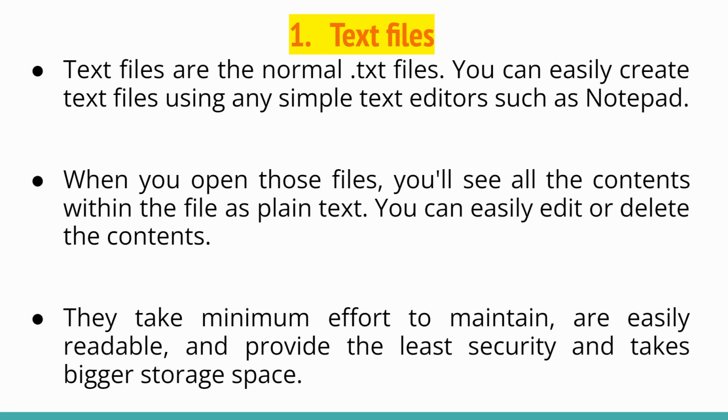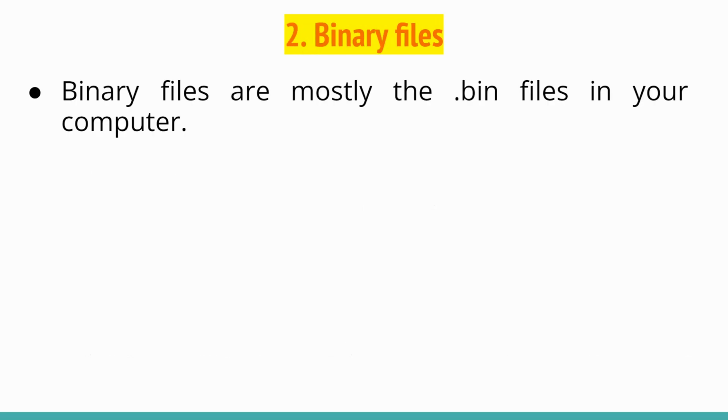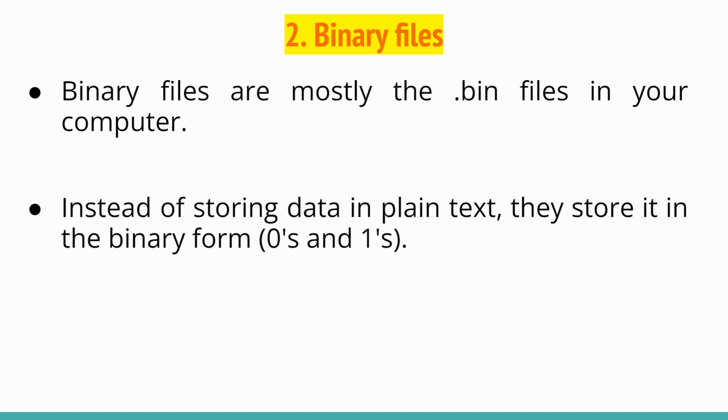Coming to the second type of files, binary files. Binary files are usually stored with the extension .bin in our computer. Binary files consist of streams of zeros and ones. As we know, binary data is in the form of zeros and ones, so it is stored in that format instead of plain text. So text files which we learned are stored in plain text, but binary files are stored in zeros and ones.